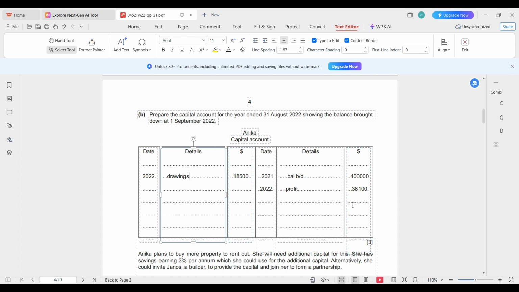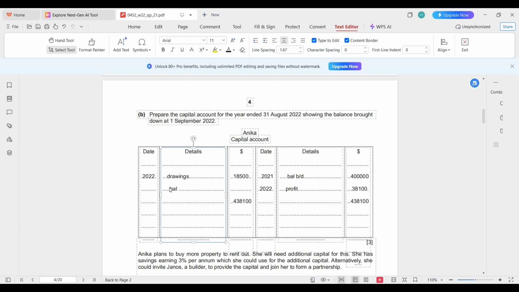What you simply do next is you now get your totals. You're going to see that here you're going to have 438,100. It's also going to be the same thing here, 438,100, like this. And then you subtract your drawings to get your balance CD here.